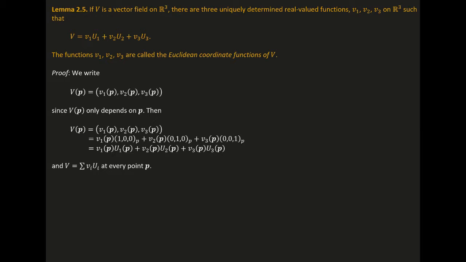Then the vector field V and the vector field V1 U1 plus V2 U2 plus V3 U3 will always return the same value at every point P in R3.